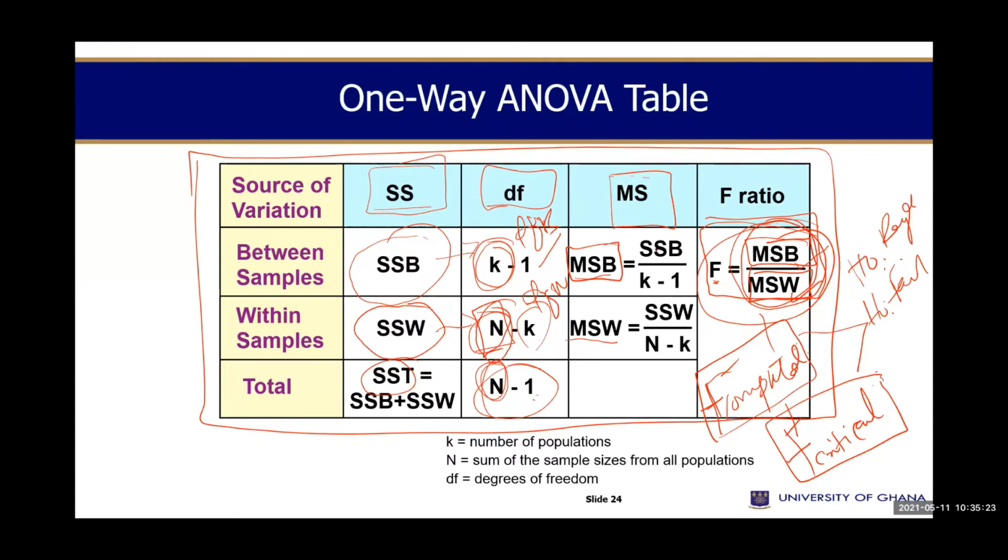Not to say that you depend on the table to derive your answers or your solution. But systematically, before we can get the F ratio, we need to define sum of squares between the samples and sum of squares within the samples. With this one, we estimated this by giving you the formula.